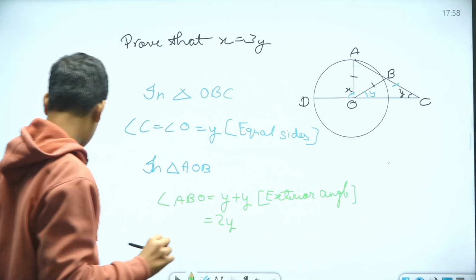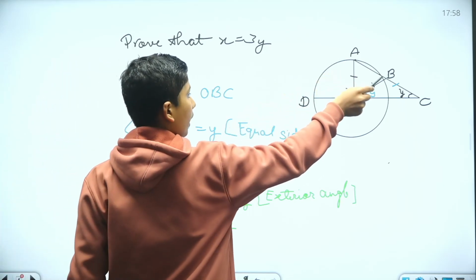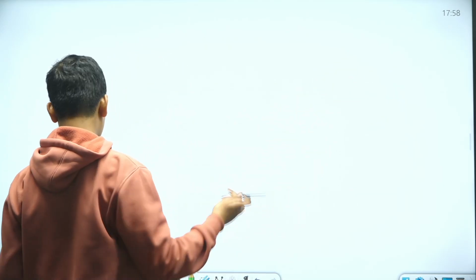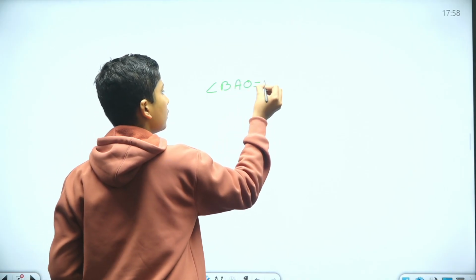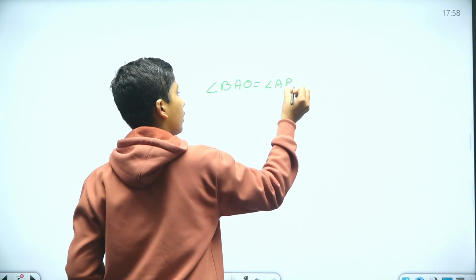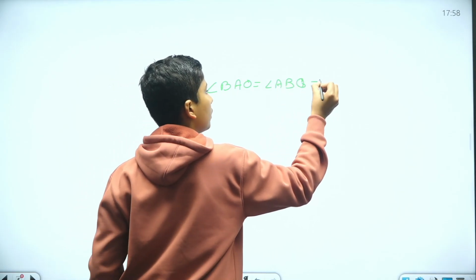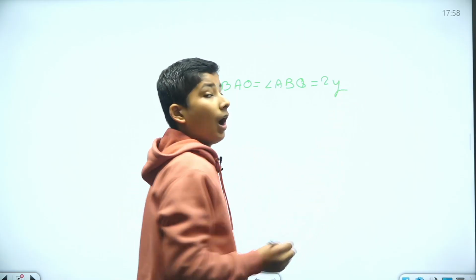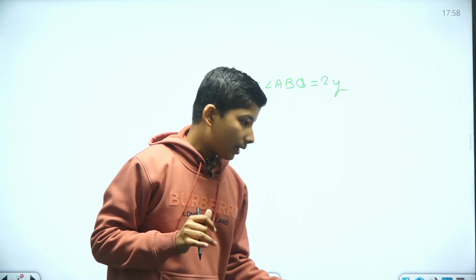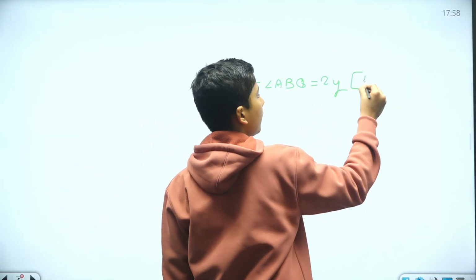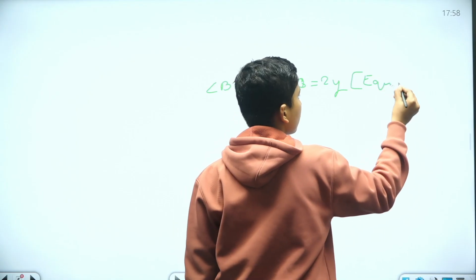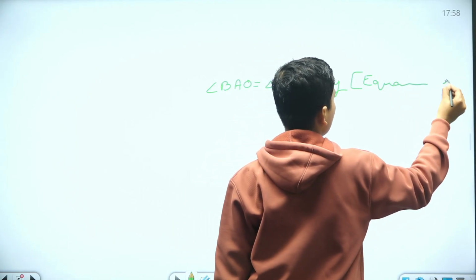Now, angle BAO equal to angle ABO equal to 2y. How? We know that equal sides have equal angle opposite to them. So again we will write equal sides.